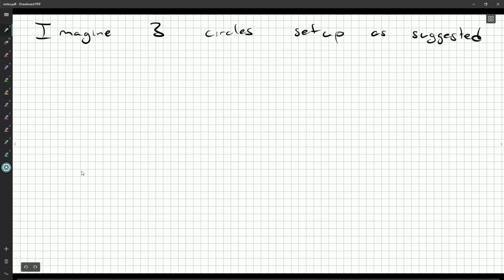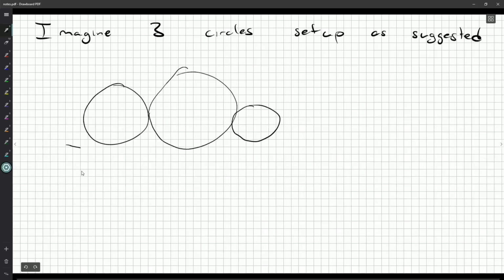So, imagine 3 circles set up as suggested. We know R1 is the smallest one, R3 is the biggest one. We'll get to draw something like that, I guess.